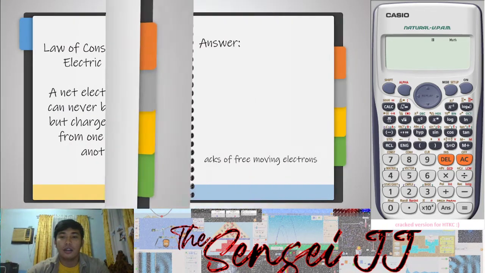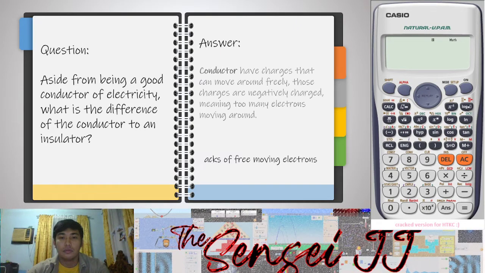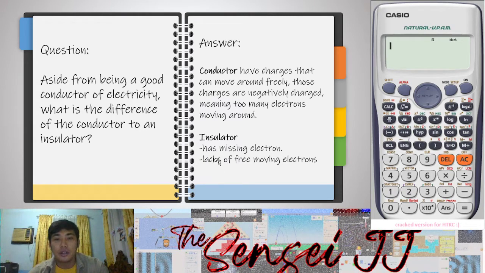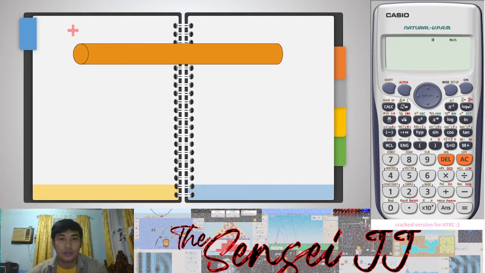I hope this is another knowledge for you guys. So an insulator lacks free moving electrons, has missing electrons, and lacks free moving electrons. We already know this one, so let me just discuss it again.